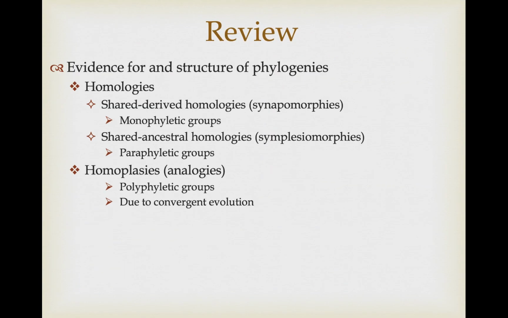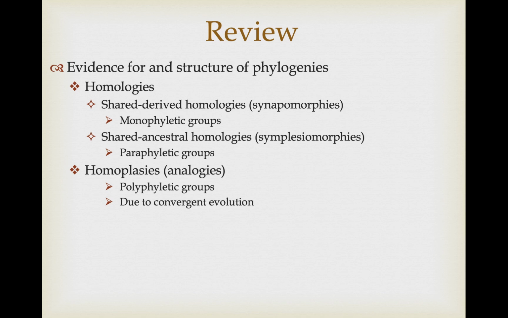And then we talked about how we're really shifting away from the Linnaean system and moving to a more phylogeny-based classification system derived from the study of homologies, specifically shared derived homologies or synapomorphies that help us understand monophyletic groups, but how we also can use patterns of other characters' evolution on properly formatted phylogenies based on shared derived homologies to understand things like shared ancestral homologies.